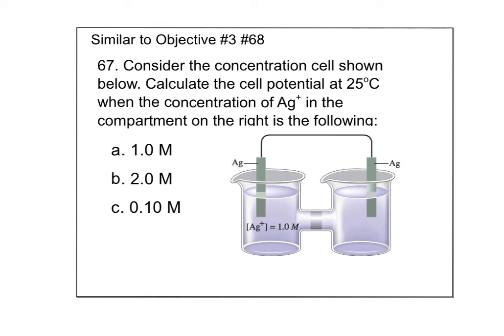But it says, consider the concentration cells shown below. Find the cell potential for each of these when the Ag+ in the compartment on the right is the following. So we have for both of them Ag solid and Ag+ aqueous. So our half reaction is Ag+ plus an electron makes solid Ag.